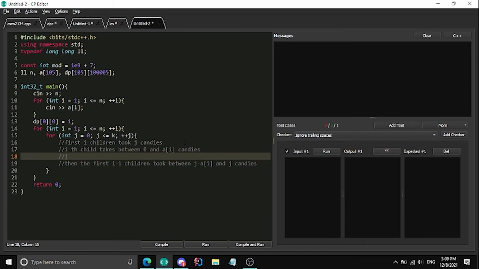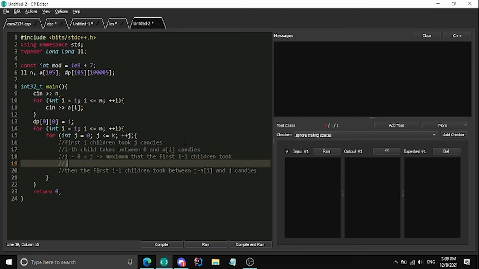And so j minus 0 is equal to j, and so that would be the maximum that the first i minus 1 children took. And j minus a at i, that would be the minimum that the first i minus 1 children took, right? And so that's why the first i minus 1 children took between j minus a_i and j candies.